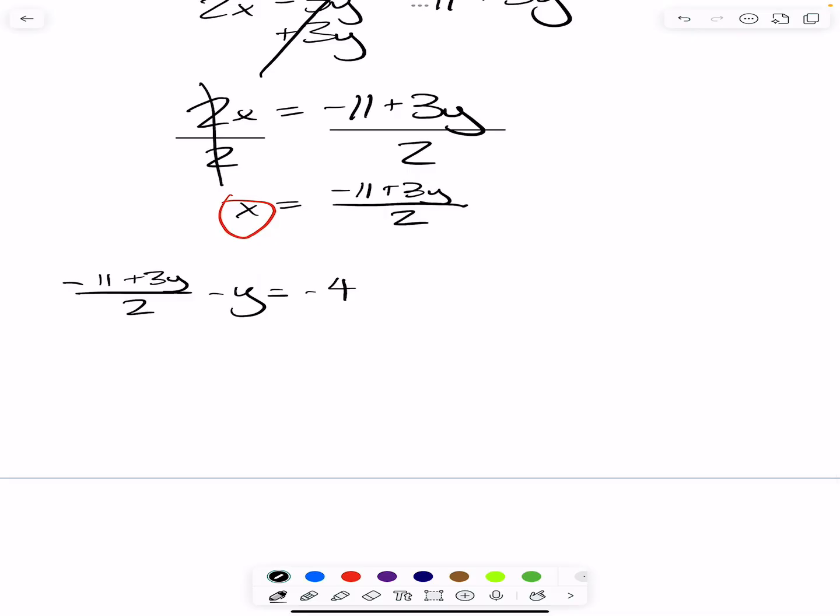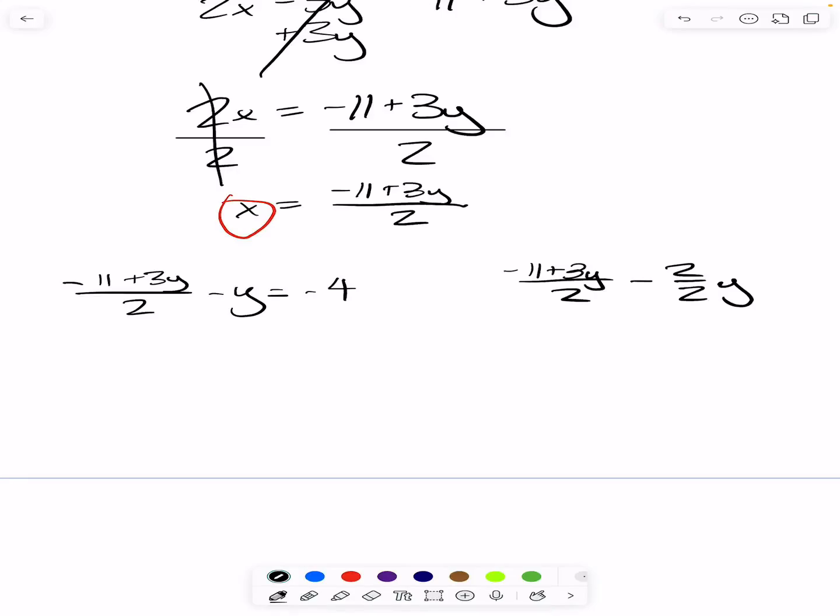So what divided by negative 1? We were looking for a 2 at the bottom, so we would have 2 over 2, right? Because 2 divided by 2 does give me 1. So from here, what I could do is negative 11 plus 3y over 2 minus 2 over 2y.